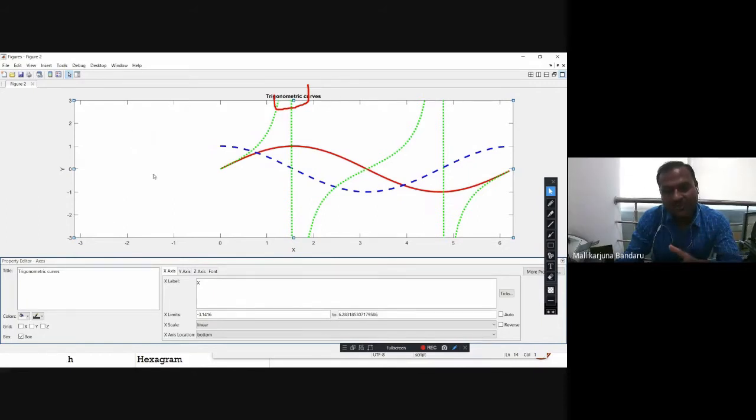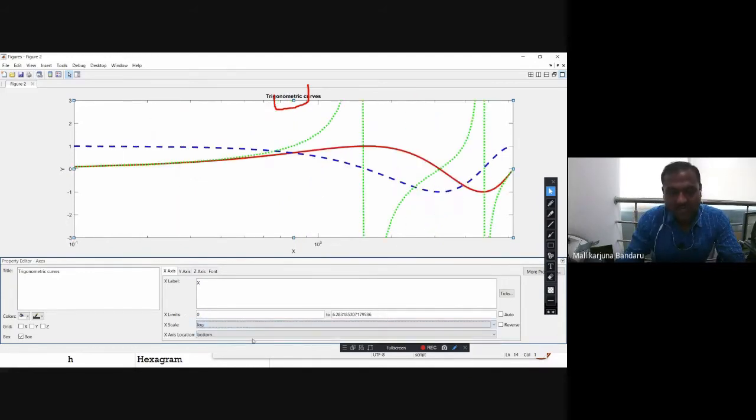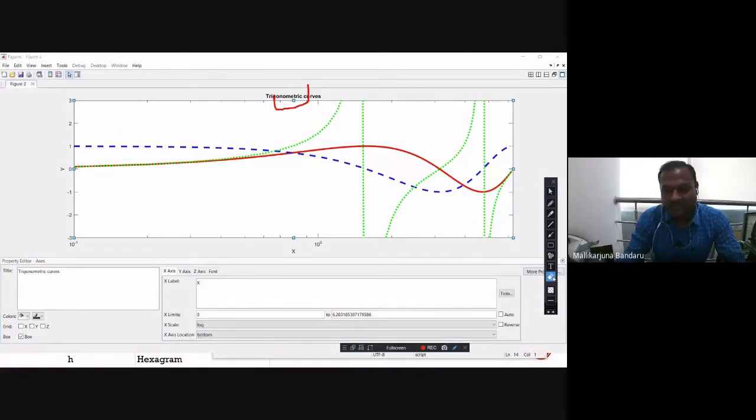But once you take the x values there, definitely it will show. So let me continue with 0 itself. And if you want to make it log, see what happens once we change linear to log: the curve format is changing. So there are various options in the property editor.